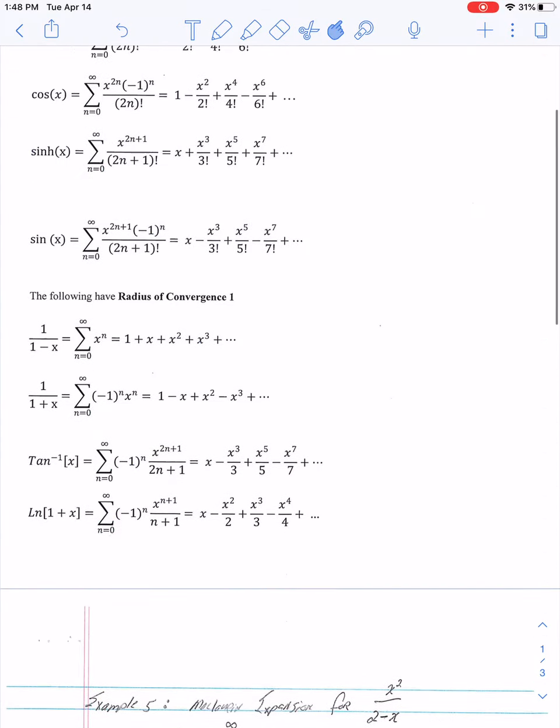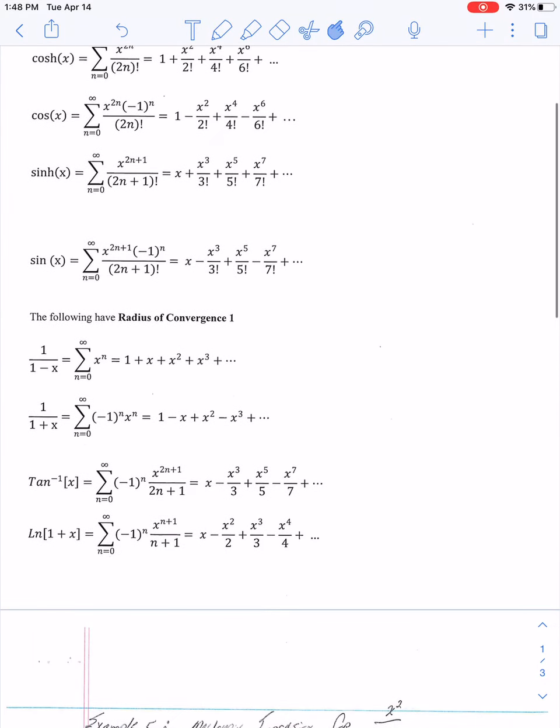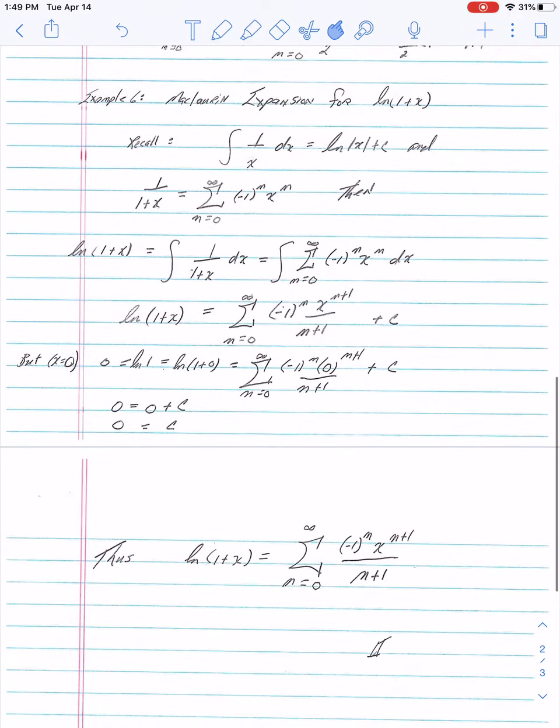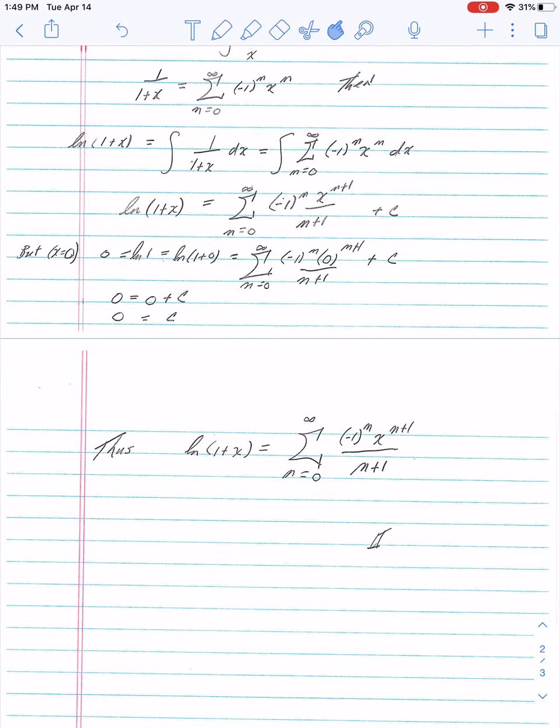And now let's go up here, there is the expansion of the natural log of 1 plus x. What do I get? Minus 1 to the n, x to the n plus 1 over n plus 1, n running from 0 to infinity. That, my friend, gives me a warm, fuzzy feeling. That's exactly the answer I got.